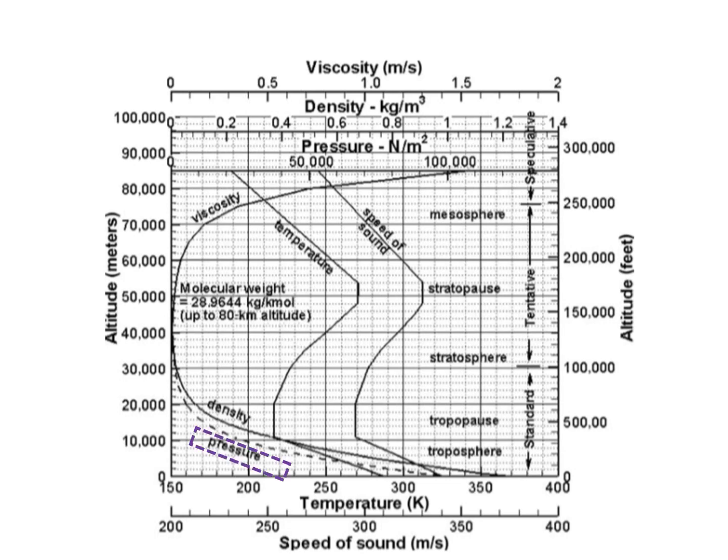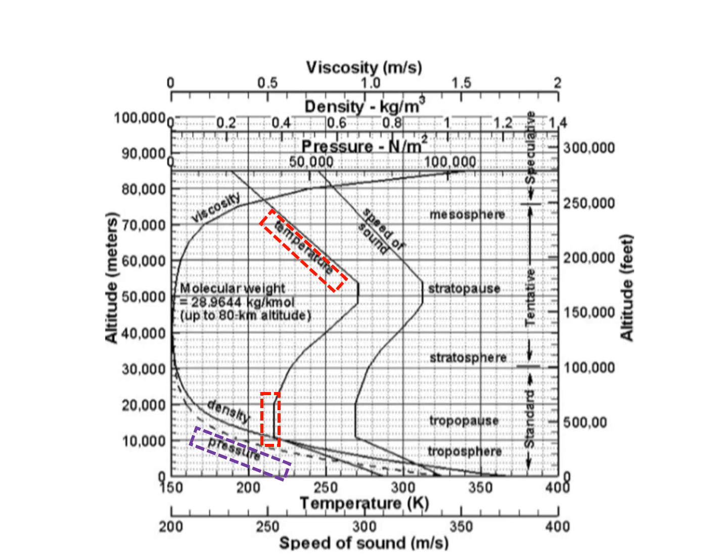It's highlighted in purple, and we can see it decreases continuously, and we know it decreases in an exponential way in the troposphere. If we look at the temperature, we know in the troposphere it decreases linearly until about 10 kilometers, and between 10 kilometers to 20 kilometers the temperature stays nearly the same.